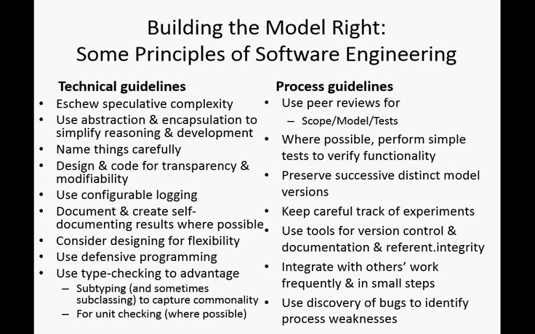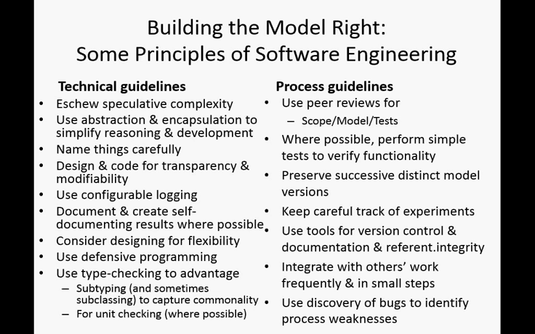So using discovery of bugs in the model, discovery of bugs in the program to improve the underlying process. Maybe it's your testing. Maybe it's your documentation. Maybe it's your requirements. Maybe it's aspects of how you design a system and communicate that design.